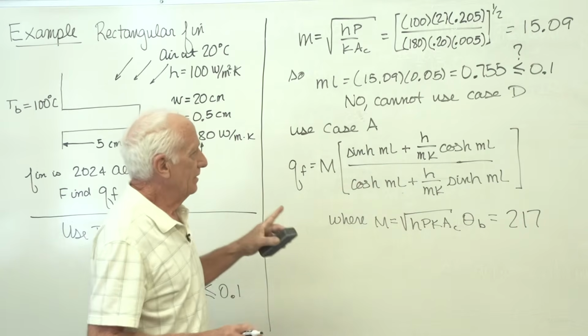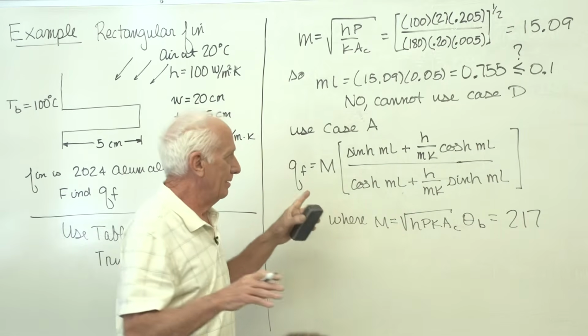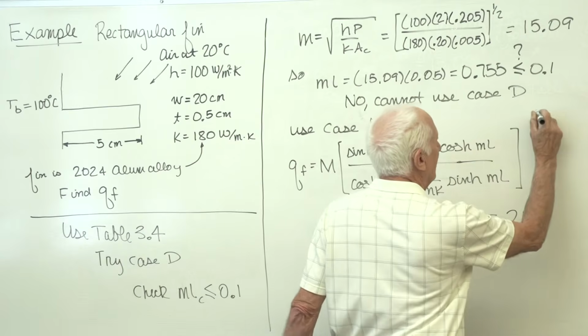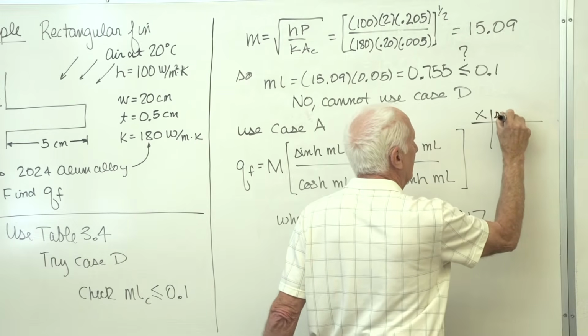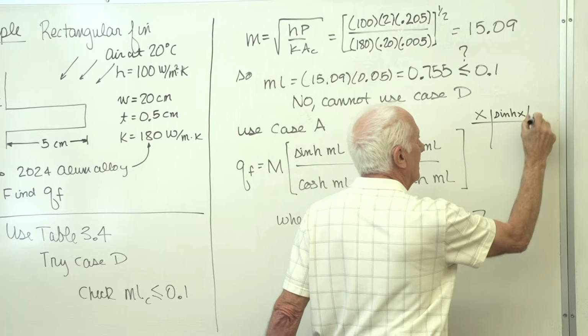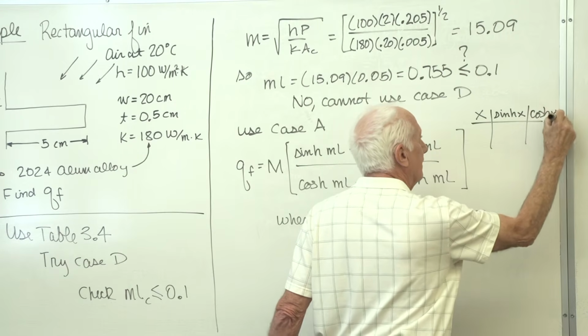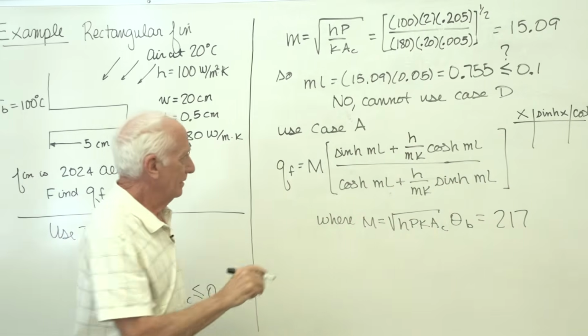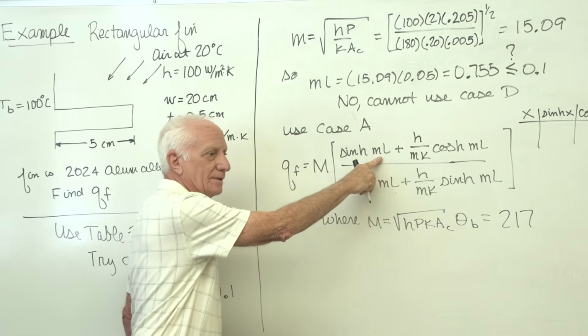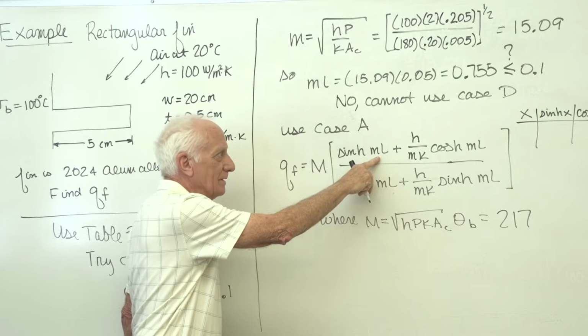If that's not true, here's the equation. So now you go to the back of the book and you look under the table. It has x here, and then it has hyperbolic sine here, then hyperbolic cosine here, and tangent there. What is x in that table? X is this thing right here. X is m times L, the argument of the hyperbolic function.